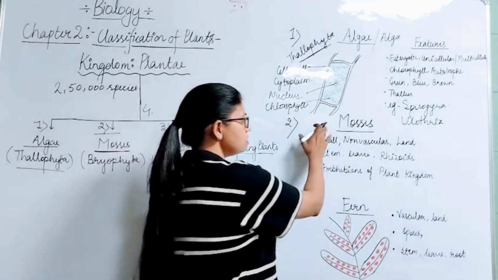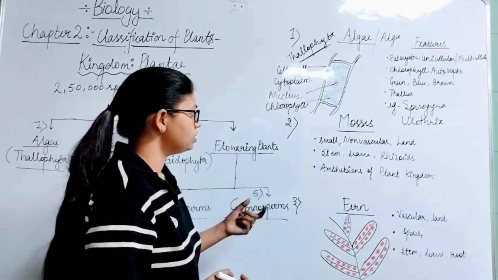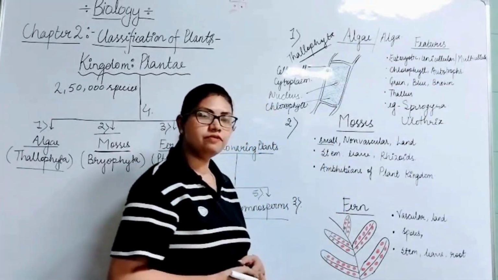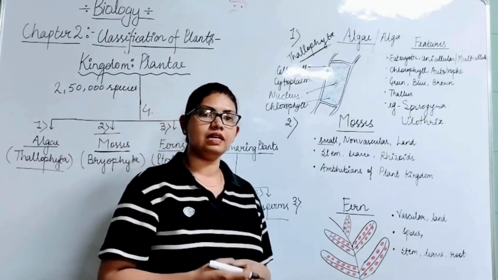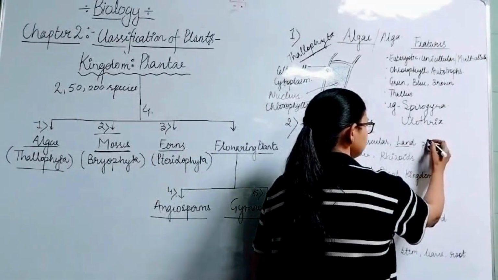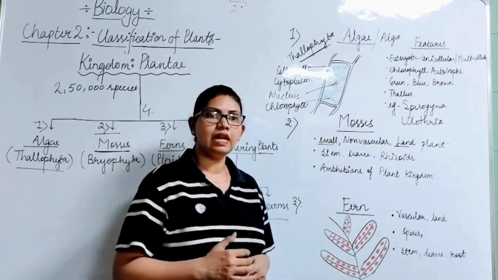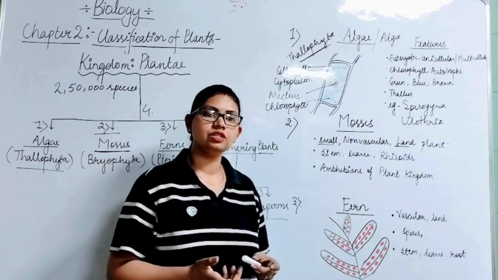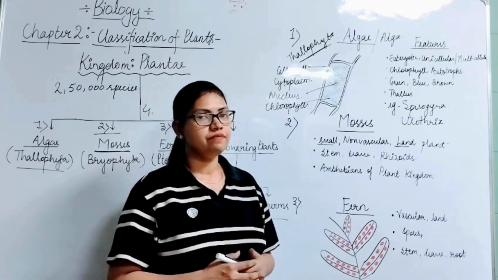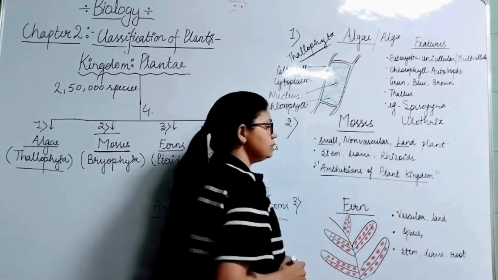Now we see the mosses, and mosses come under the category of Bryophyta, and these are basically small, not... are called amphibians of the plant kingdom.